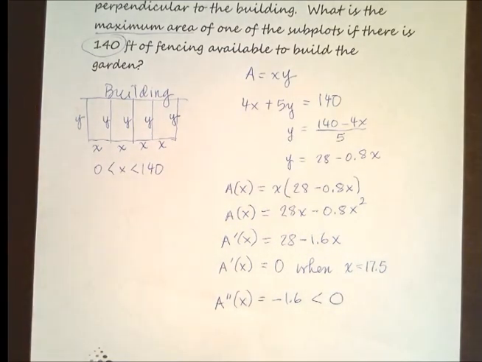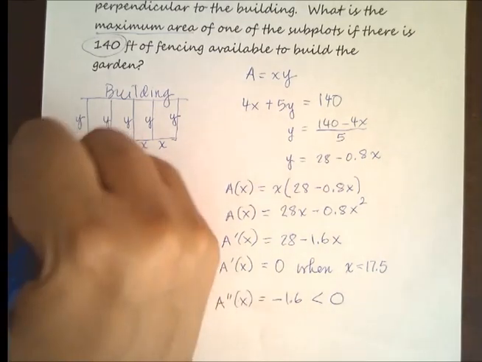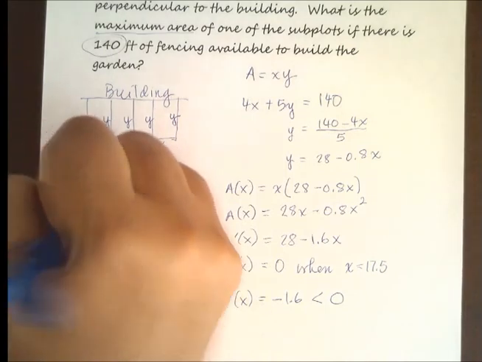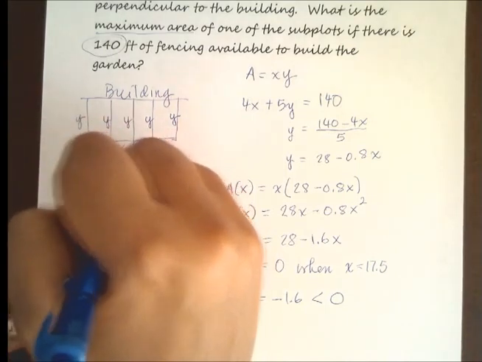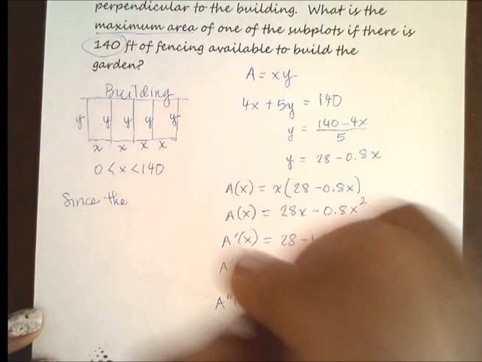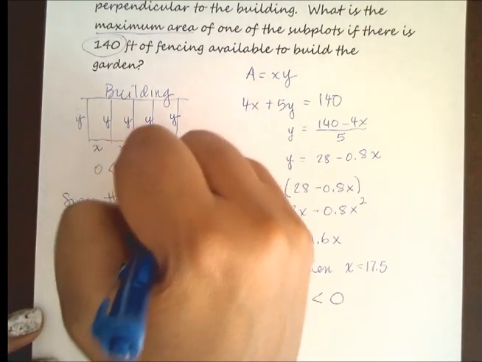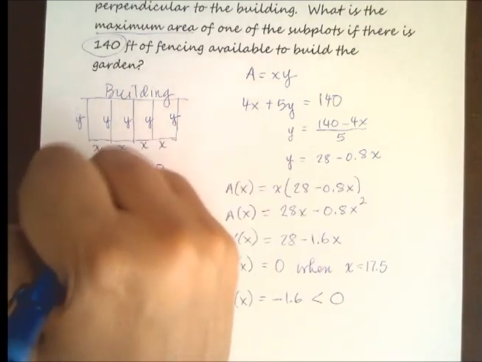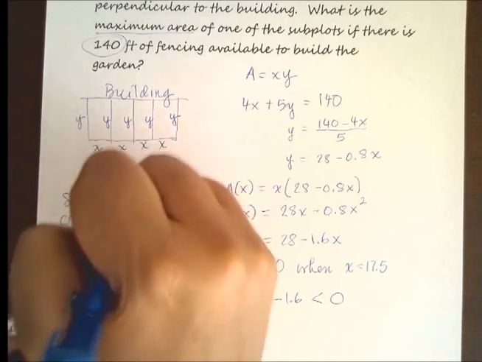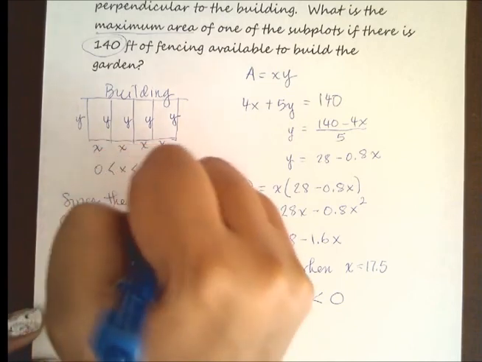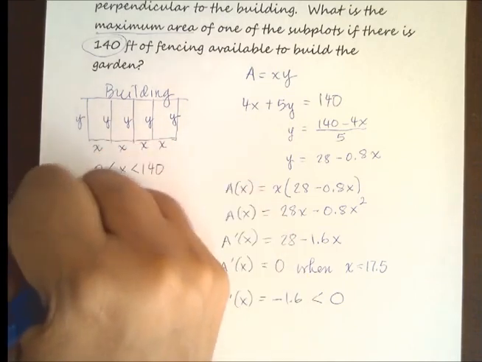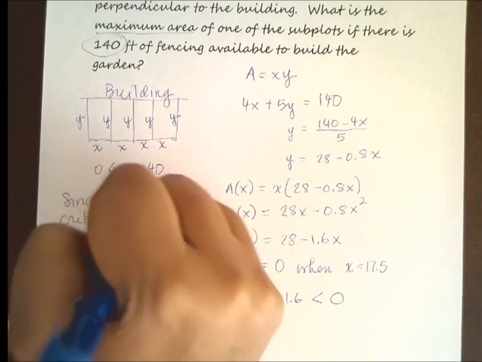So I'm ready to write my justification and answer the question. The only critical point is when x is equal to 17.5.